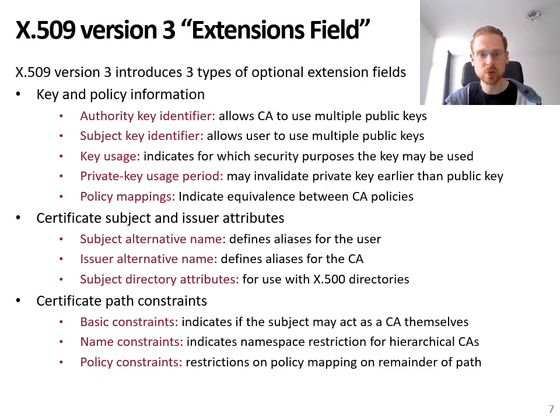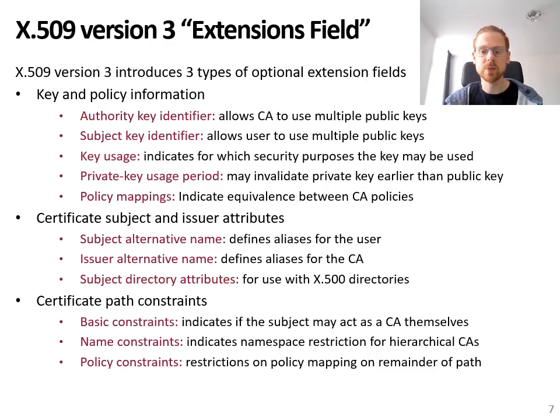It also allows them to restrict what the key can be used for. For example, can the public key be used for a key exchange, for encryption, and so on. The second type of information is the information about the subject and the issuer. For example, it allows defining an alias for the user or the certification authority.